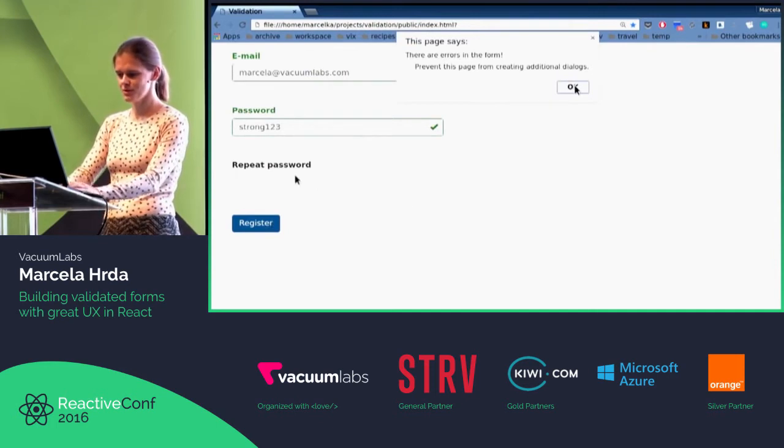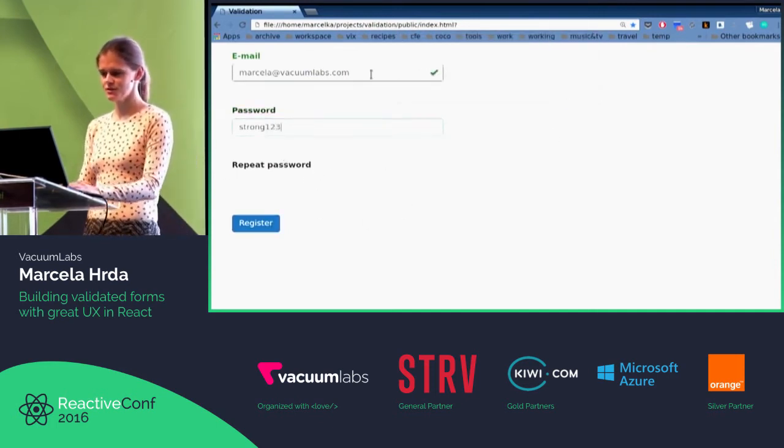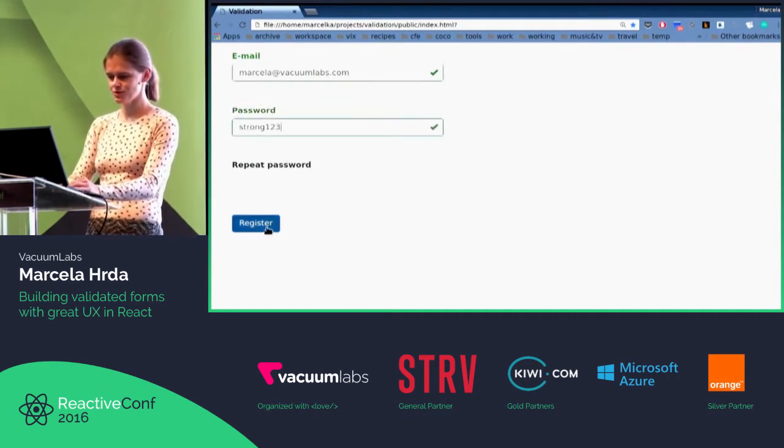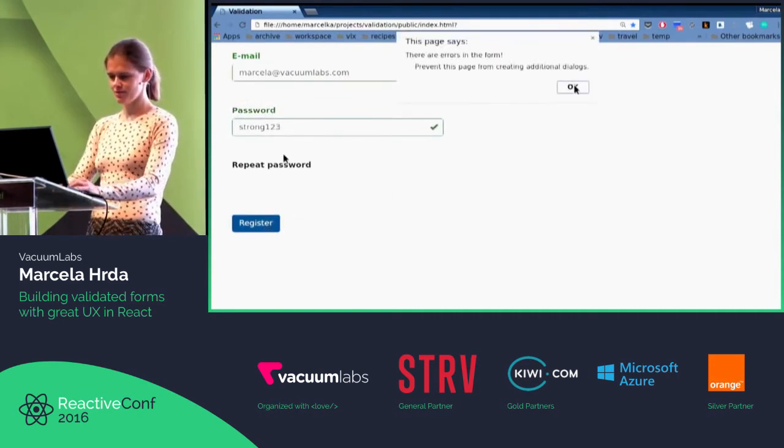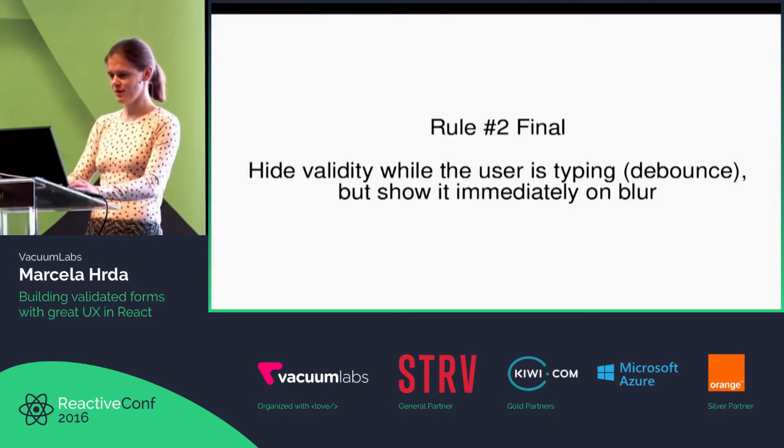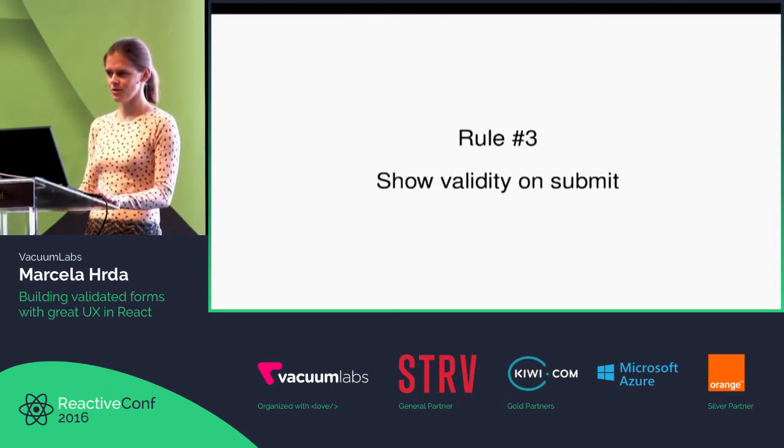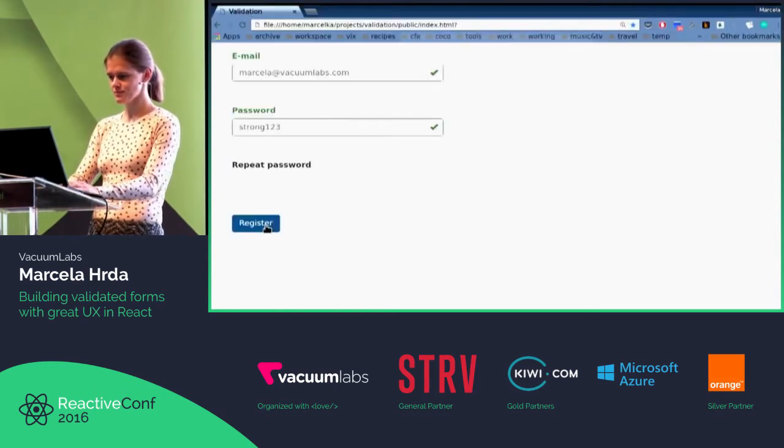And the problem is that this field, this repeated password, was never touched, so the error message wasn't shown. And since this is not good, we need to add another rule. We should show all the validation messages when submit happens. Like this.